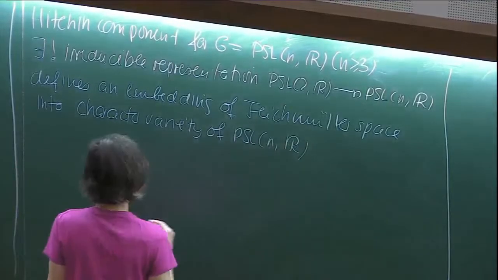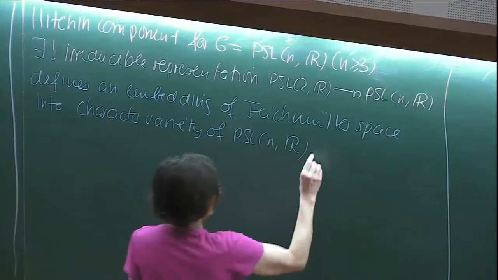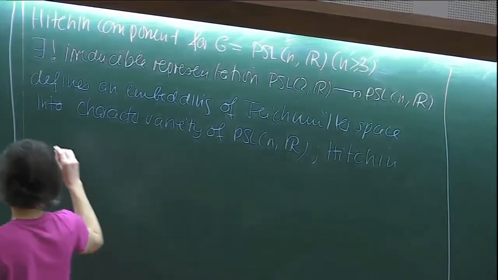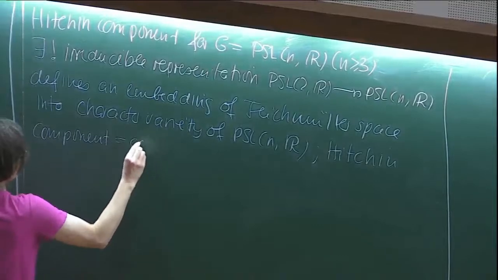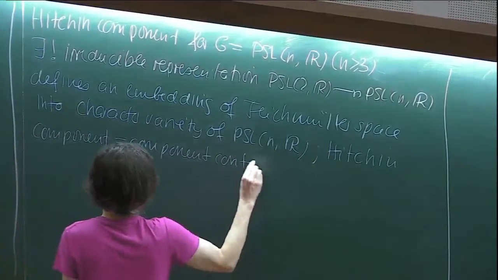And so the component that contains this representation is called the Hitchin component. It's a component containing these.